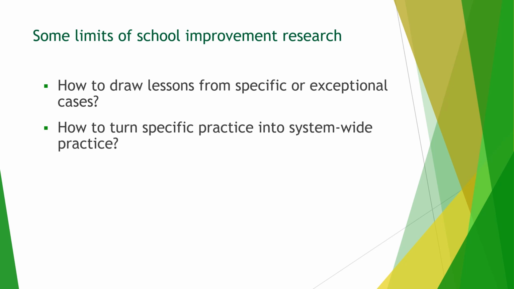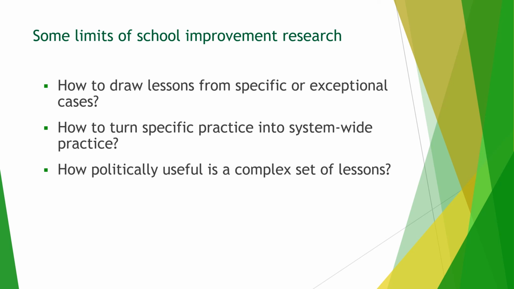A third limit of school improvement research is that it is difficult to make it politically palatable, politically tasty, politically useful. In many cases decision makers are attracted by quick solutions, by what tends to be called a silver bullet: one issue that will immediately improve our education system.